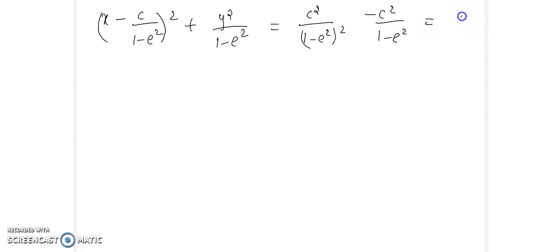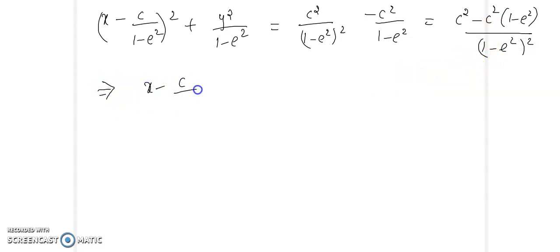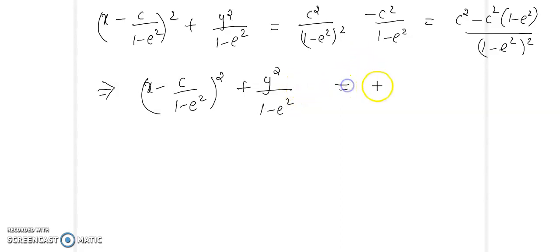So that will be equal to C square minus C square into 1 minus E square by 1 minus E square whole square. So that is going to give us the equation x minus C by 1 minus E square whole square plus Y square by 1 minus E square equal to, so C square will cancel off, so you will get C square E square by 1 minus E square the whole square.